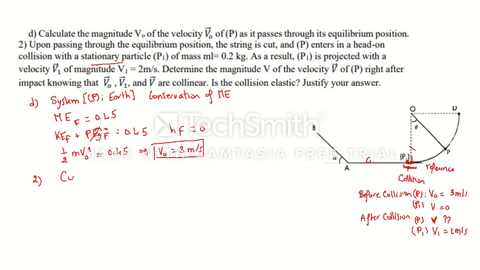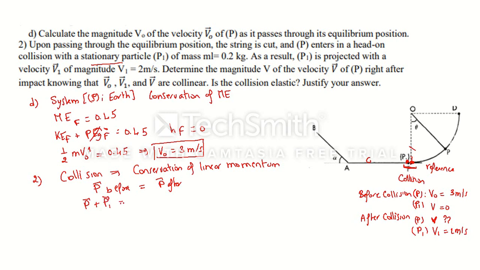So here, since we have a collision, this means I have conservation of linear momentum, which means that P before the collision is equal to P after. This means P for the first particle plus P1 is equal to P prime plus P prime 1. And then I will substitute.